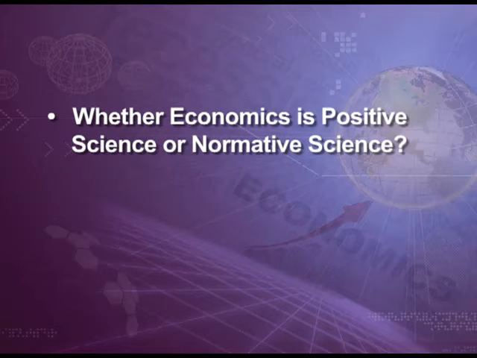Now the question arises whether economics is positive science or normative science. First of all, we should know the meaning of both these terms. First, the term positive. Positive science means accepting what exists, or it means things as they are.